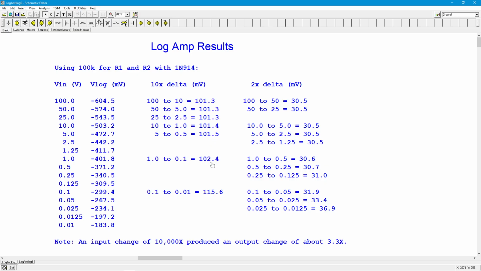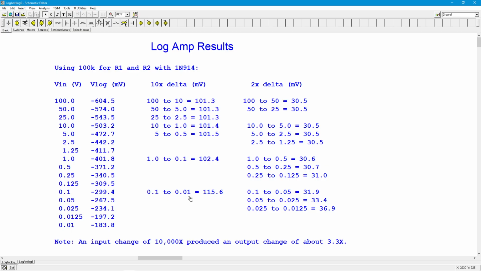We only start to see decent sized, kind of maybe getting obvious deviations when the input signal is getting pretty small, right? When we get down here where we're talking tens of millivolts, that's when things really start to deviate, right? So here's the 101s, a 102, and then suddenly I get up to this 115 when I'm going from 100 millivolts down to 10 millivolts.